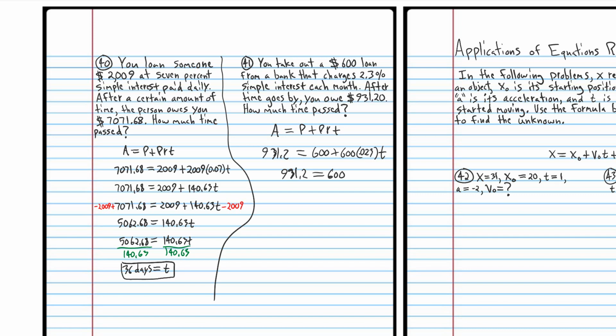I'm going to simplify. 0.023 times 600 is 13.8. Perform an operation on both sides, subtract 600. So we get 331.2 on the left side.